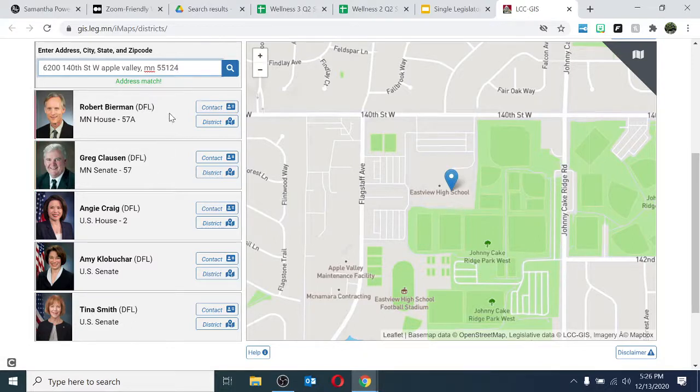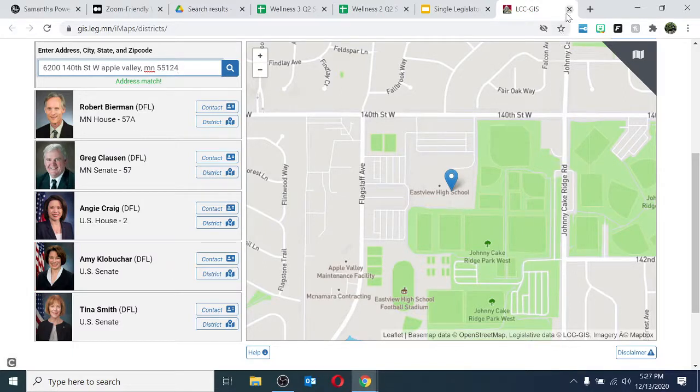If it was a House of Representatives bill, I would address it to Representative Robert Bierman. If it was a federal level bill and it was a House bill, I would send it to Angie Craig. And if it was a Senate bill, as I said before, one of these two, Senator Klobuchar or Smith. You can just choose. Doesn't matter which one. They both get to vote on all Senate bills.